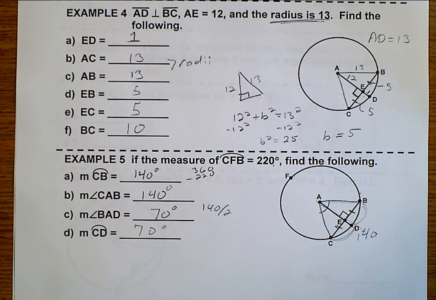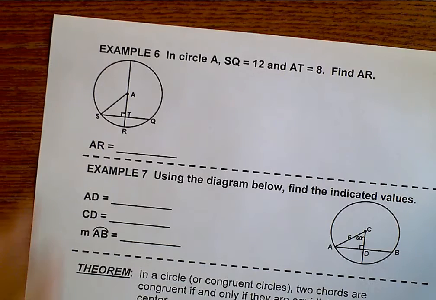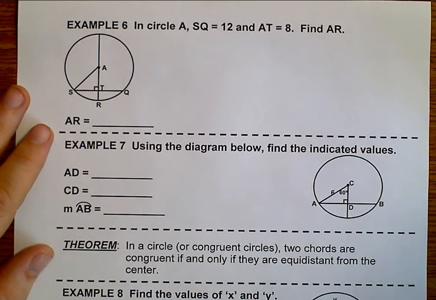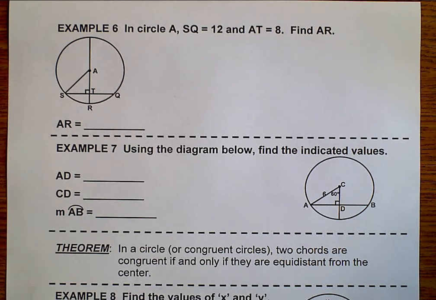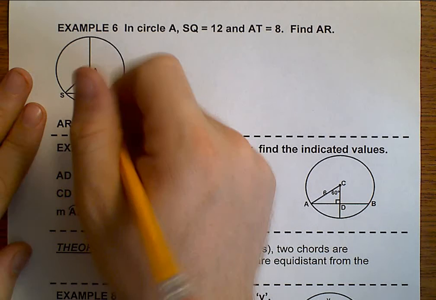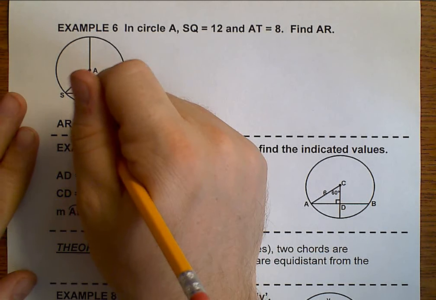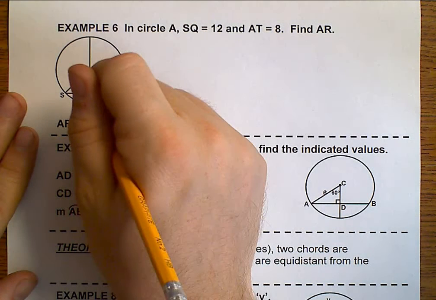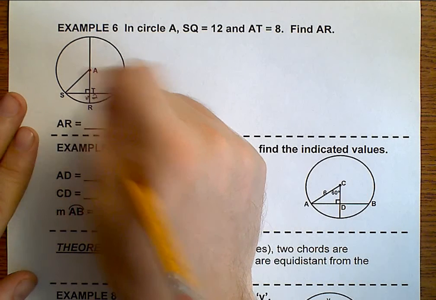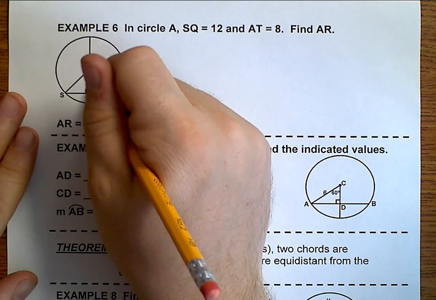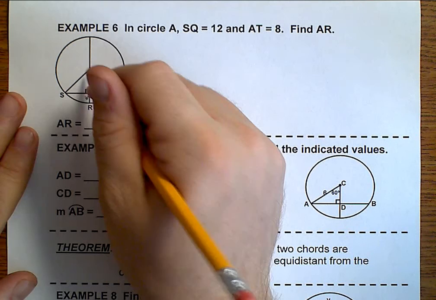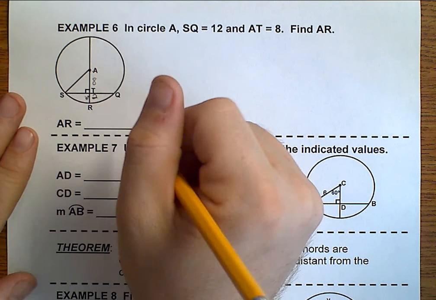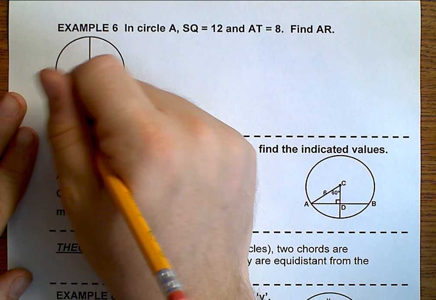Let's go ahead and move on to example number 6. Here we have circle A, and they tell us that SQ is 12. AT is 8, and we want to find out what AR is. Well, I know if this is 12, that means this piece is 6.